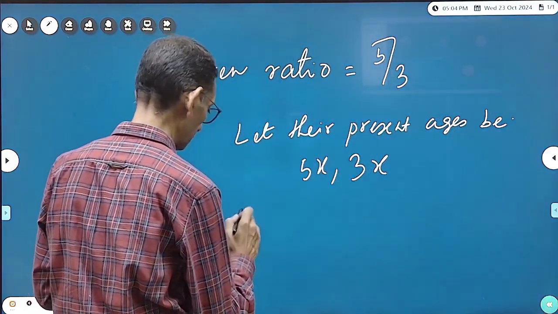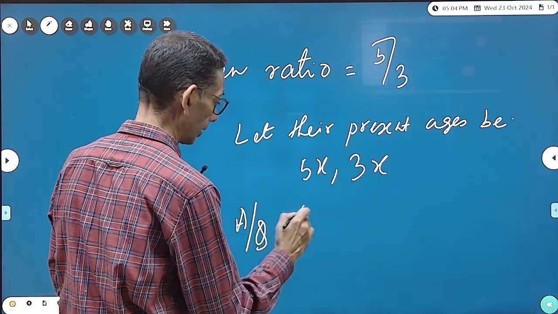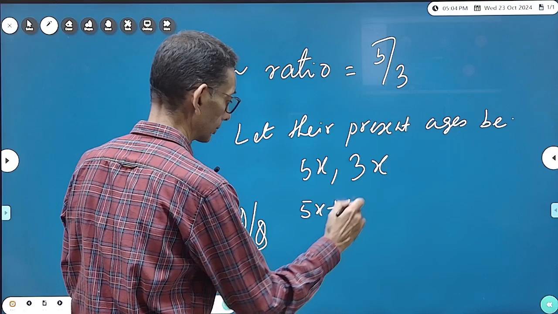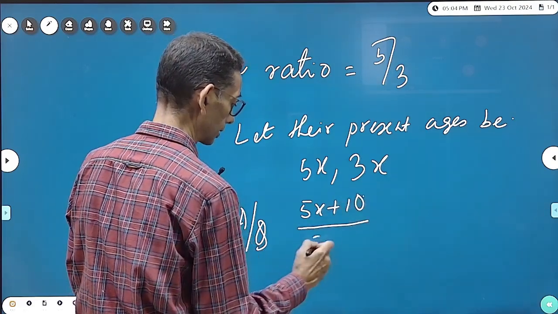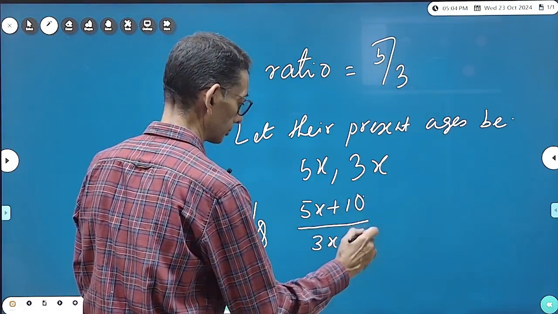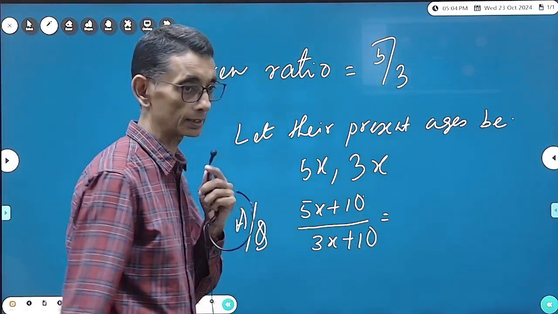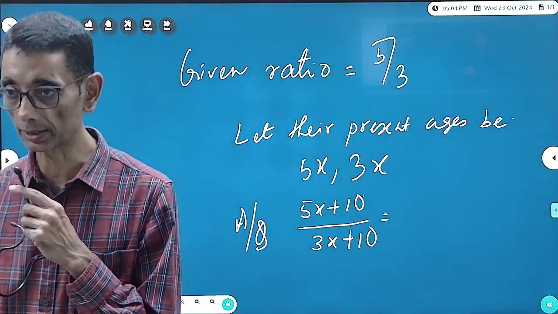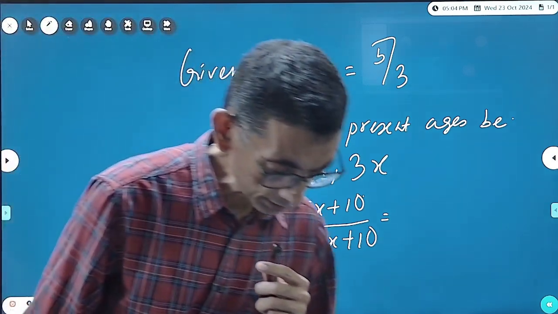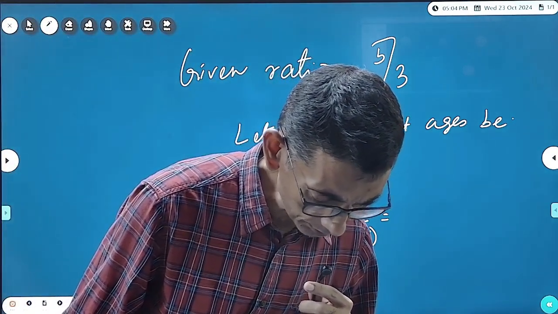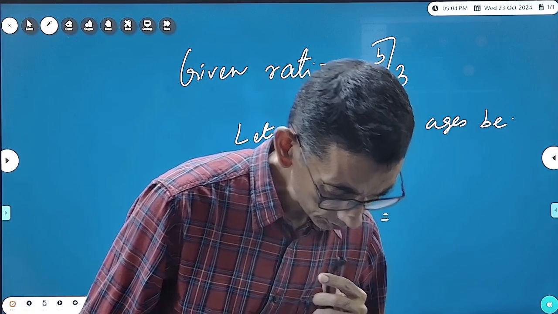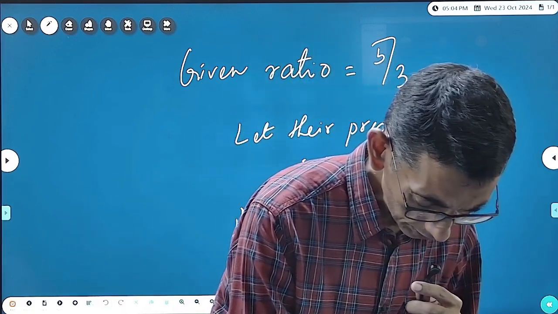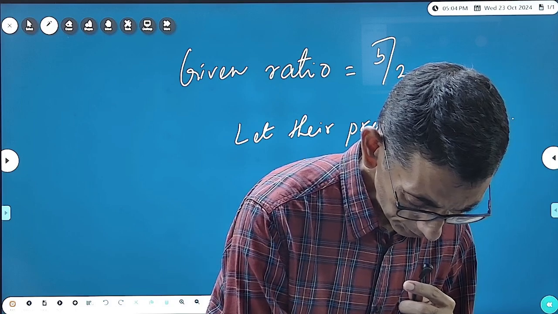So according to the question, 5x plus 10 and 3x plus 10. 10 years hence means after 10 years, right? 10 years hence, 5x plus 10 and 3x plus 10.